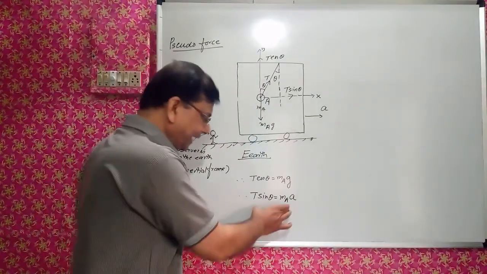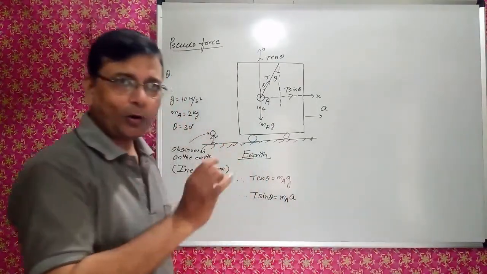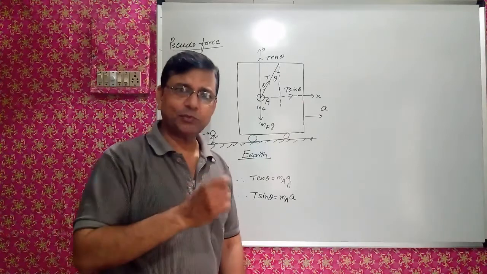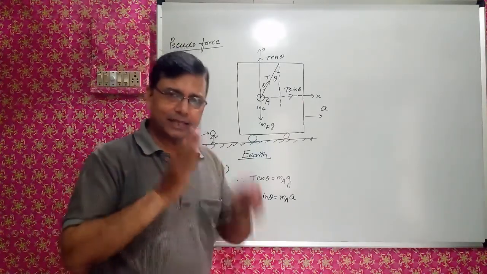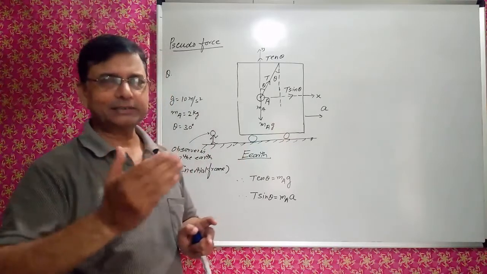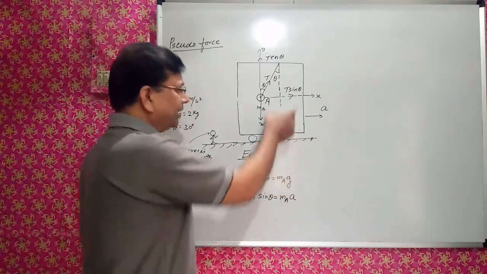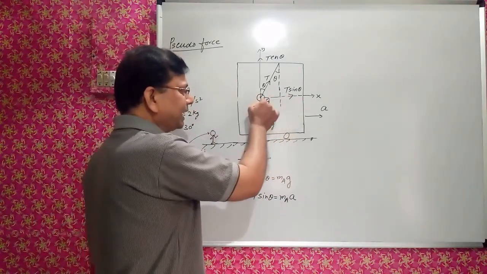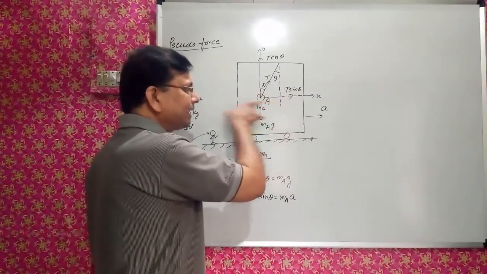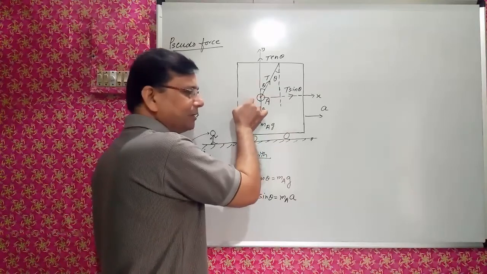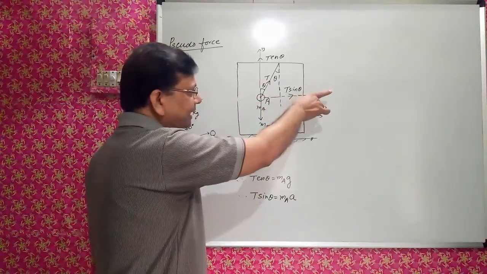It is by Newton's second law, that an unbalanced force on an object causes acceleration, and that net force is equal to mass into acceleration. That I have done. The net force on this object, acting in this direction, T sin theta is the net force acting on the bob along the x-axis.